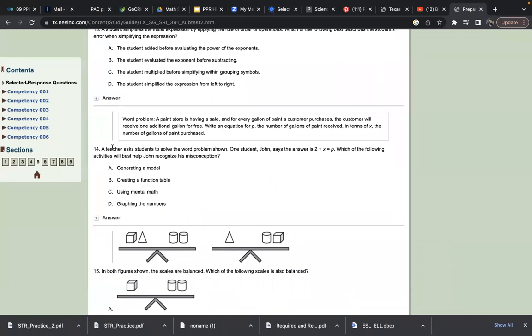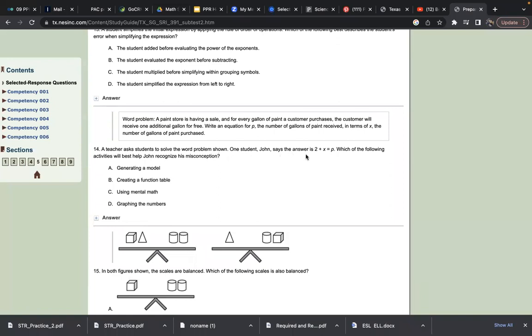So remember what I said, what we were looking at, the TEKS and the STAR assessment, that's what the student needs to know and be able to do. You need to know that, but you also need to know how best to help them when they have a misconception or a misunderstanding in a part of their thinking. Like this one, there's a word problem. Show them one student.